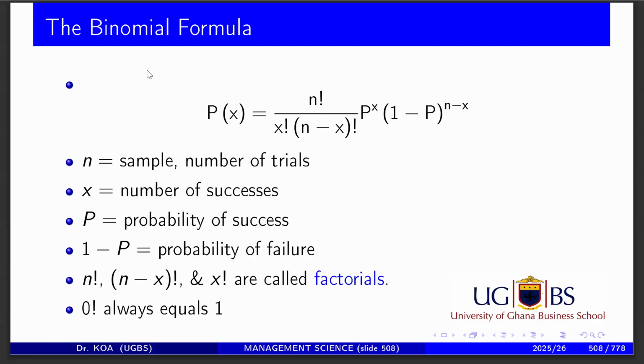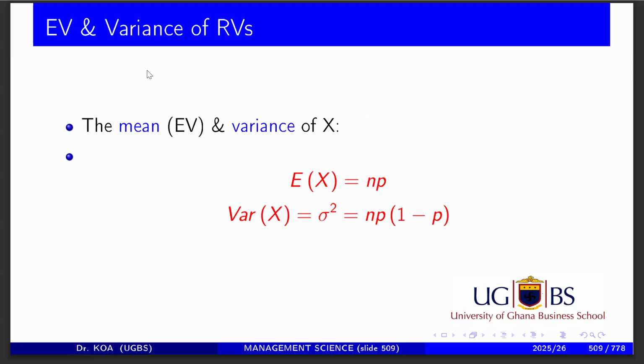All right. So now that you've all written the formula, this is also the mean and the variance of the binomial function. The mean is NP, and then the variance is that same NP multiplied by 1 minus P. Write it down.